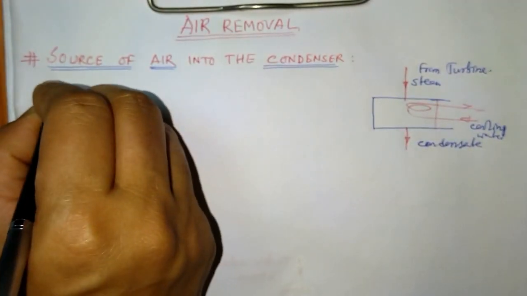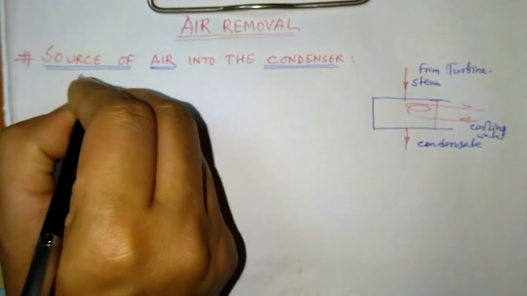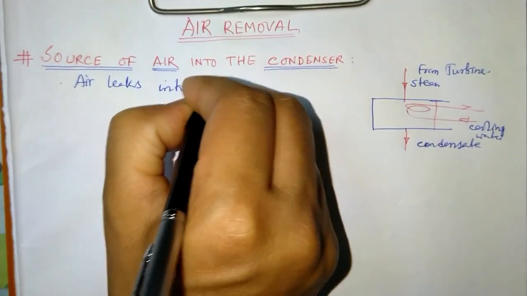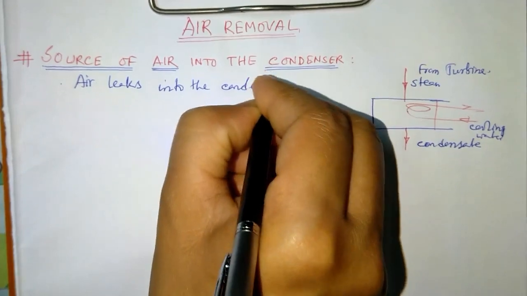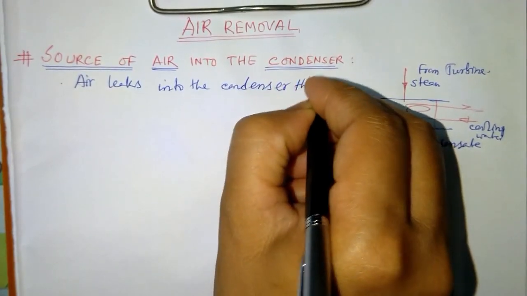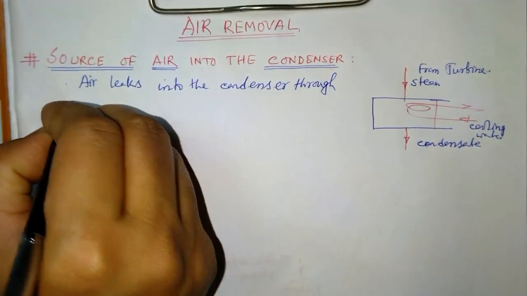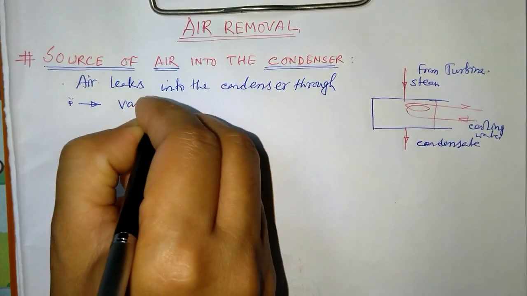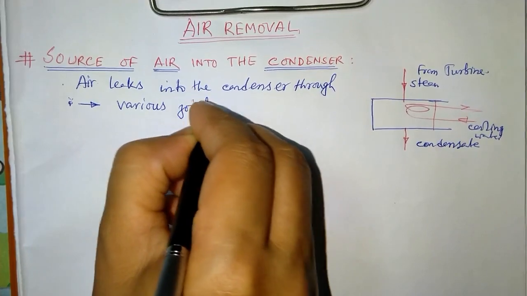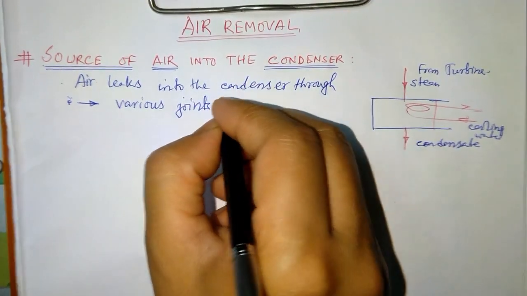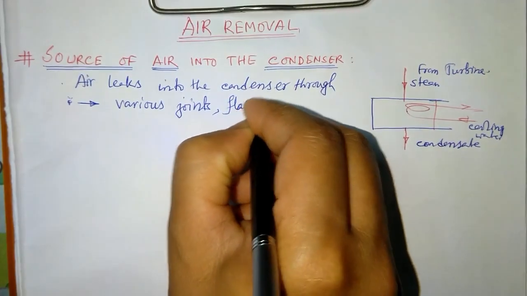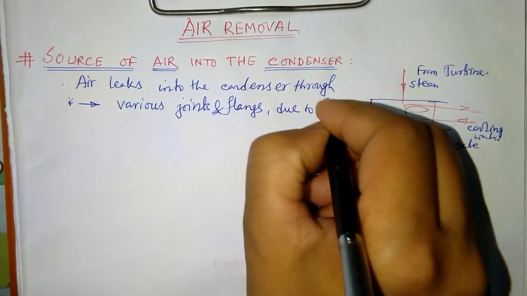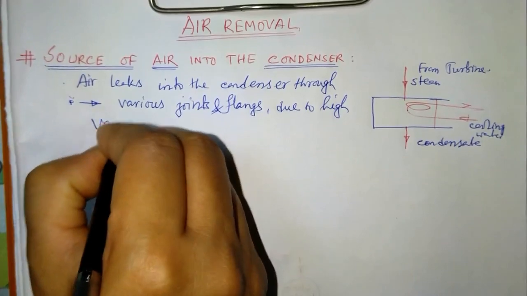So we can say that air leaks into the condenser through the various joints and flanges due to high vacuum pressure.